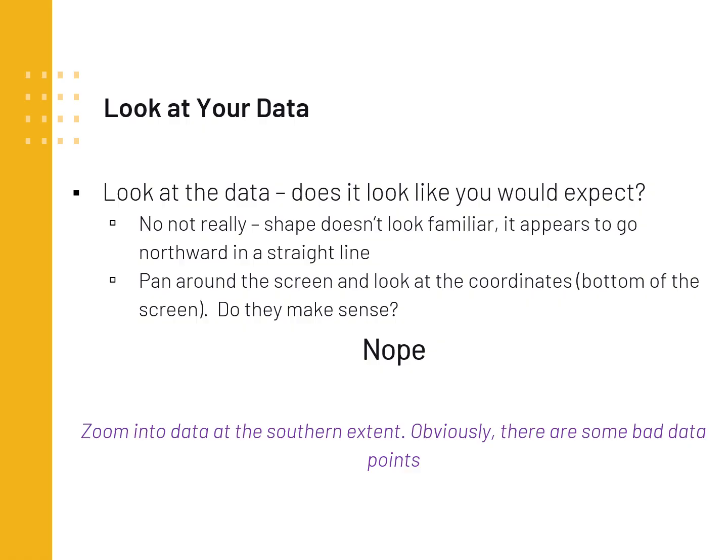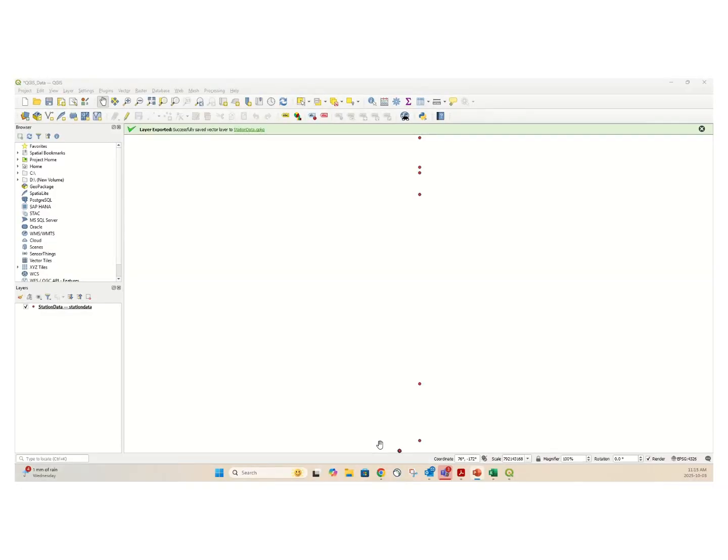So obviously, by looking at this data, hopefully you'll agree there's some bad data in here. Does this look like you're expecting? Does it look like the Bay of Fundy? Well, hopefully you agree it really doesn't. So we have what appears to be a bunch of points down here and then some points that go straight upward. Okay, so it doesn't look like what we're expecting.